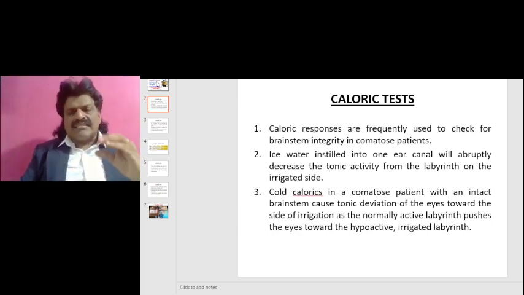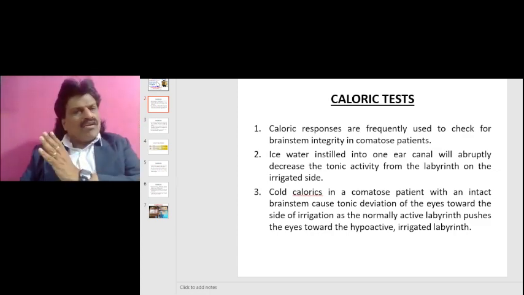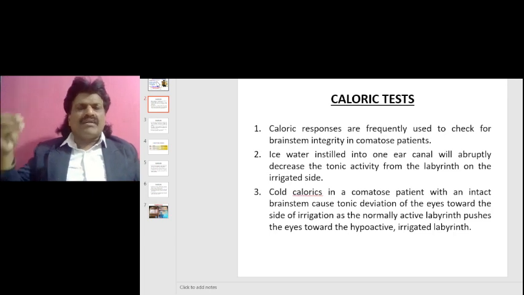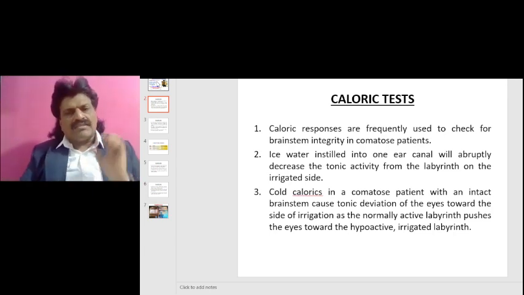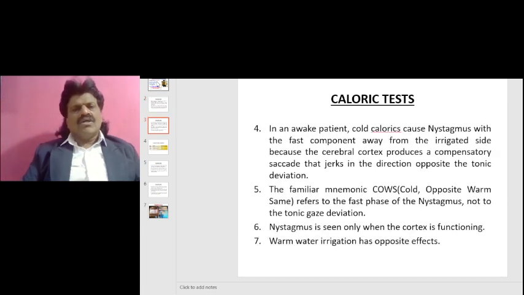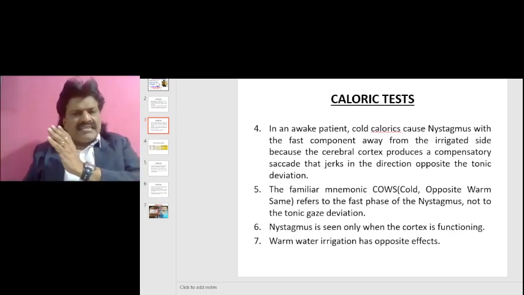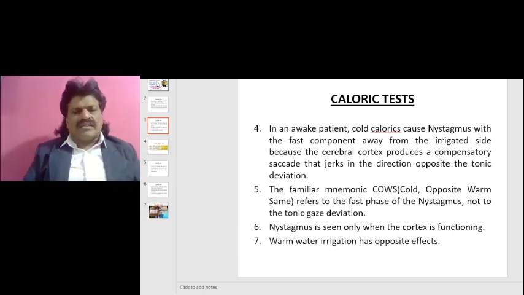Kindly note that the nystagmus we are talking about is the compensatory phase done by the frontal eye fields area number 8, and not the tonic deviation by stimulating or inhibiting the labyrinth. We are talking about the nystagmus. So, very important point: in an awake patient, cold calorics causes nystagmus with a fast component away from the irrigated side, because the cerebral cortex produces a compensatory saccade that jerks in the direction opposite the tonic deviation.